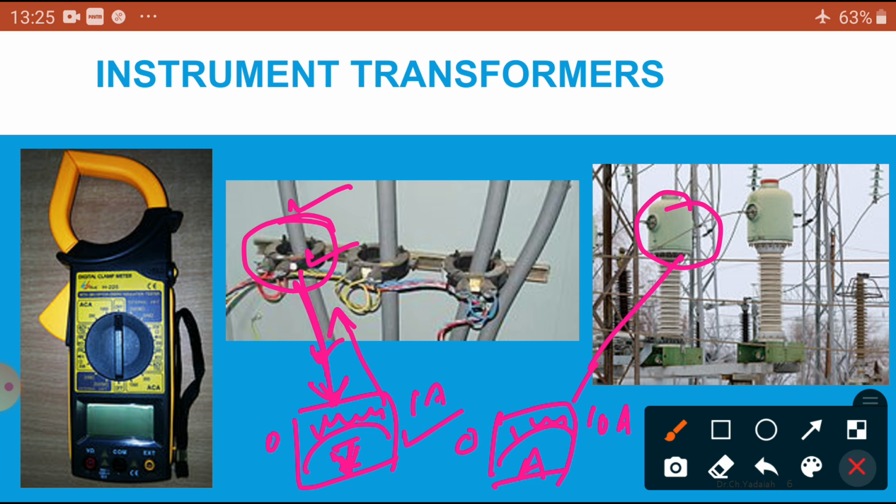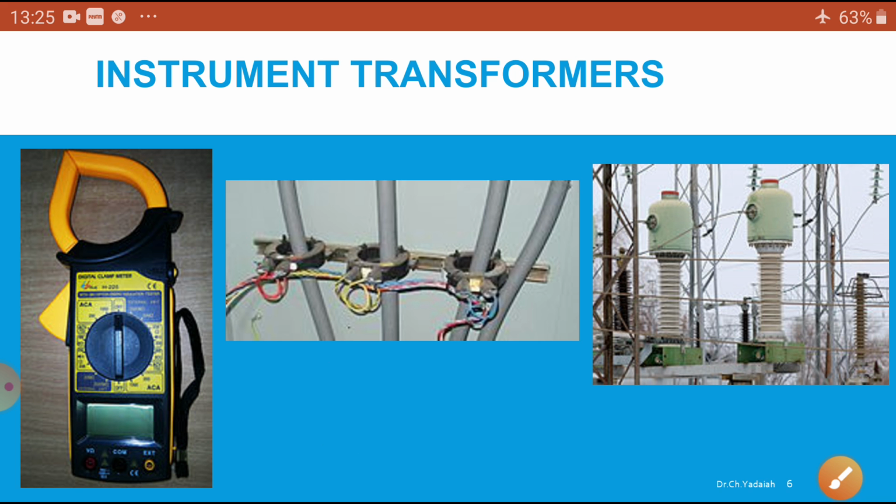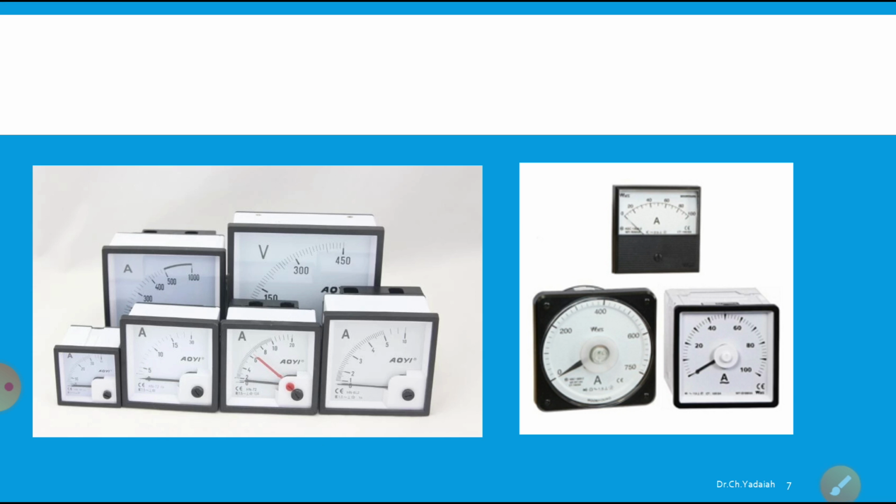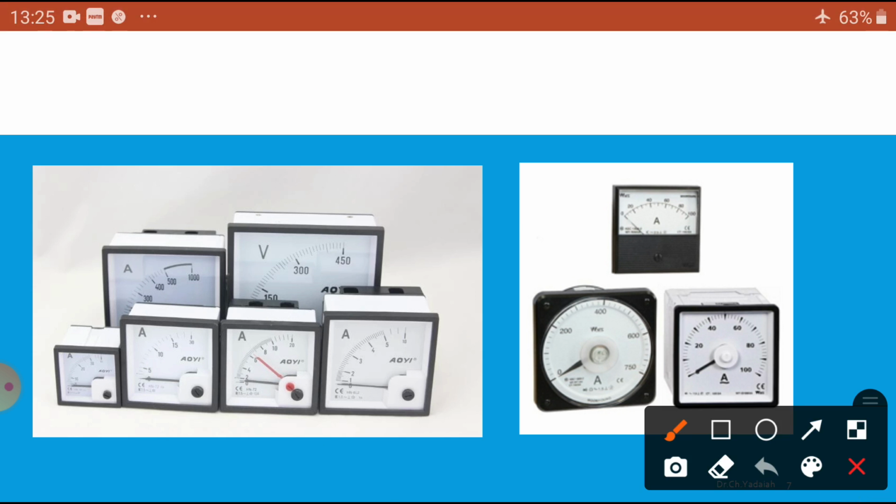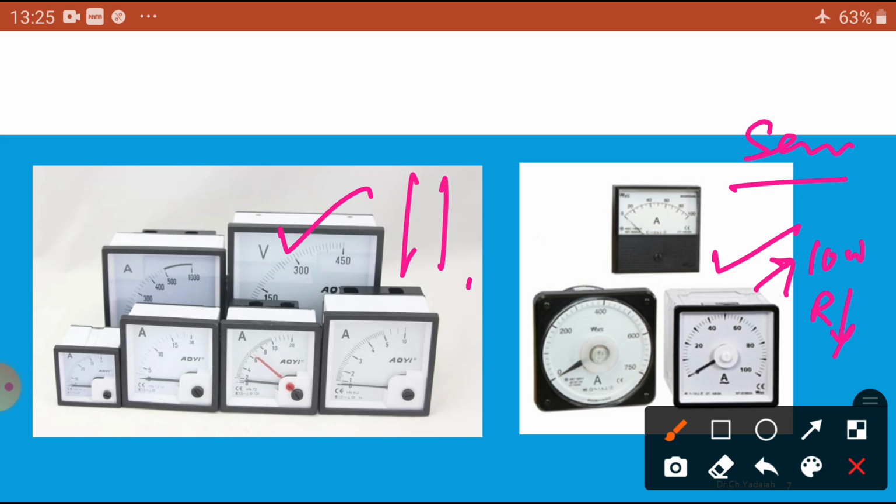You can see the voltmeters and ammeters generally used in our laboratories. This is a voltmeter, this is an ammeter. A voltmeter is always connected in parallel, and an ammeter is always connected in series. You know that an ammeter has a very low internal resistance, whereas a voltmeter has a high resistance.